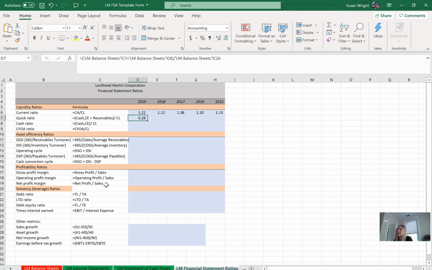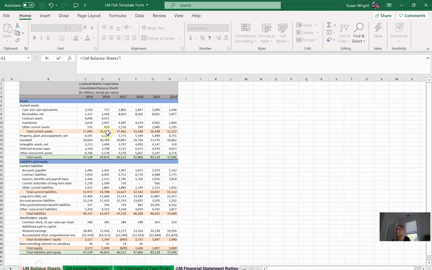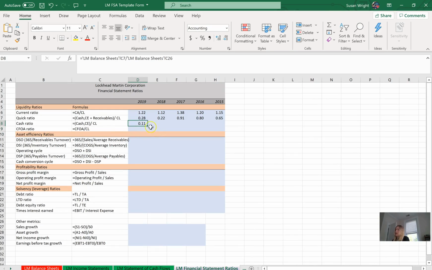All right, so that's showing us we only have 28 cents of immediate cash to pay our current liabilities. So their liquidity here is extremely tight. And if we tighten it up even one more step and we look at just the cash relative to what I owe, it's really small.